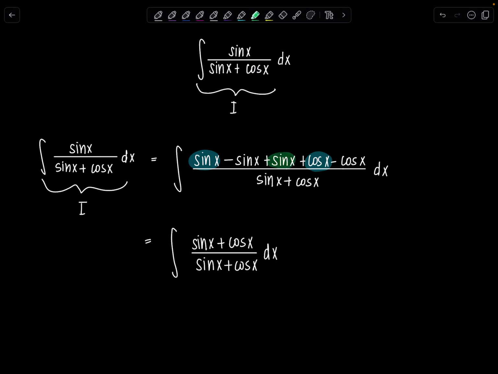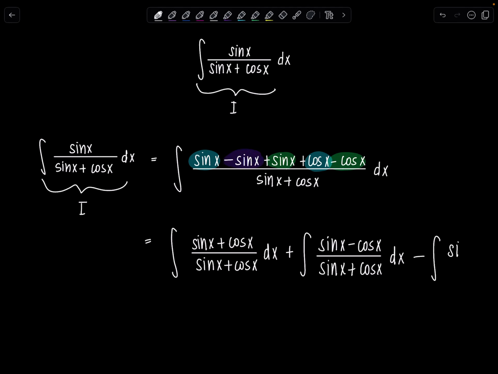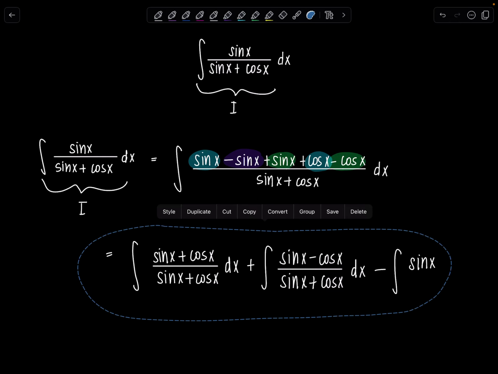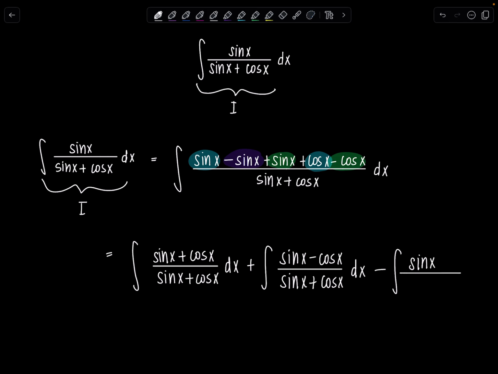Then I'm going to have positive sine x minus cosine x next: sine x minus cosine x over the denominator, sine x plus cosine x dx. And then who's left? Negative sine x minus sine x over sine x plus cosine x dx.